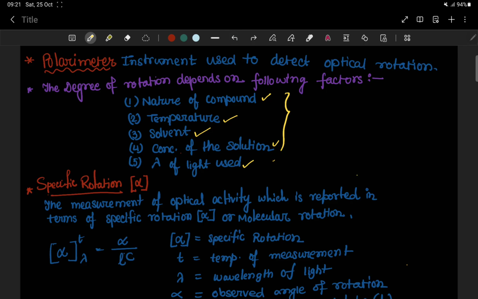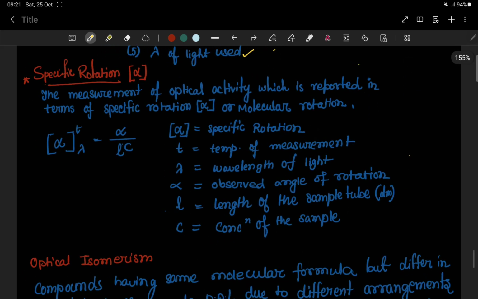I'll move to the next topic, that is specific rotation. The measurement of optical activity is reported in terms of specific rotation. Alpha is our specific rotation, alpha with lambda and t, where t stands for the temperature and lambda stands for the wavelength.